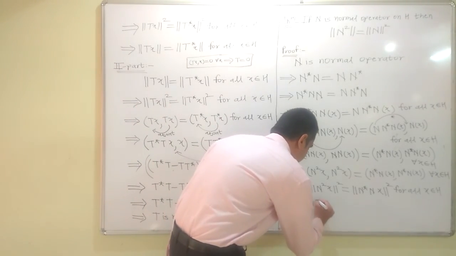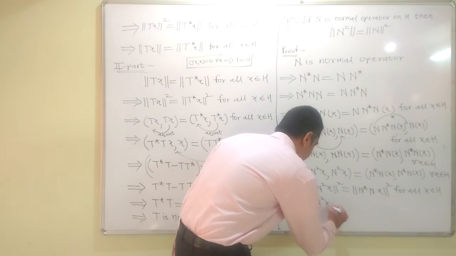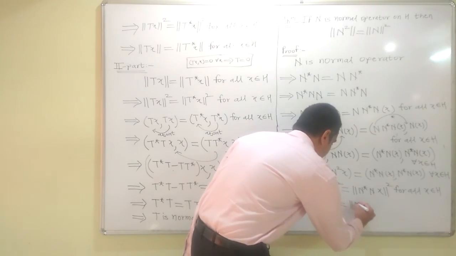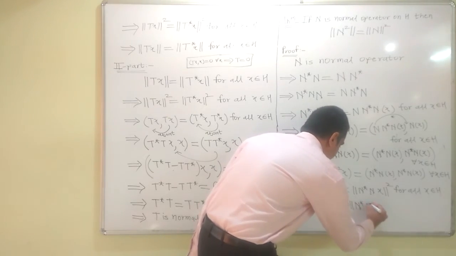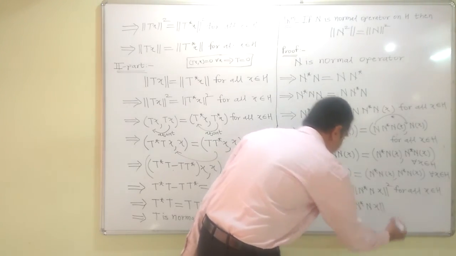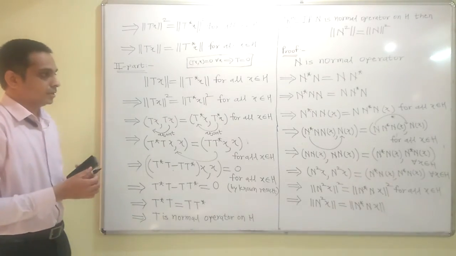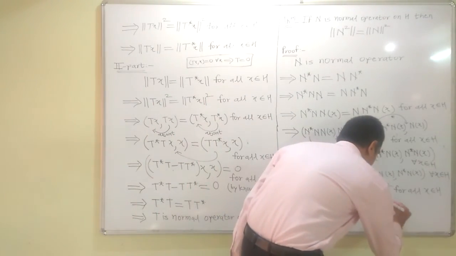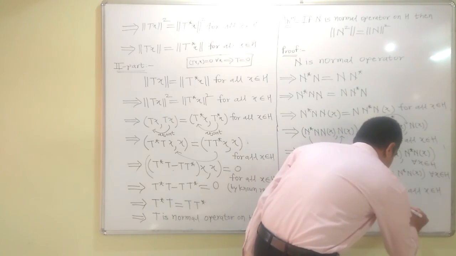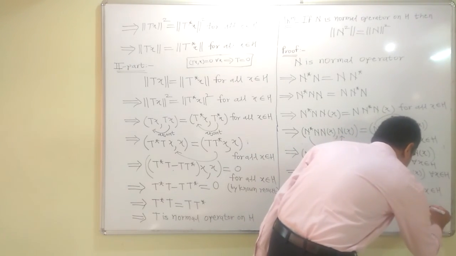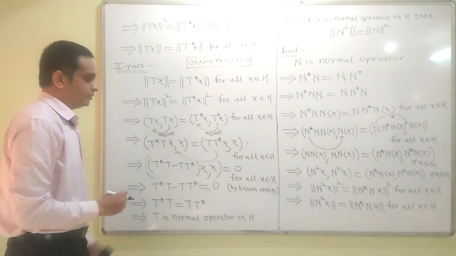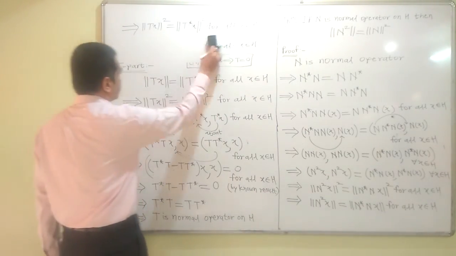So this implies that norm of N²x is equal to norm of N*Nx for all x belongs to H.